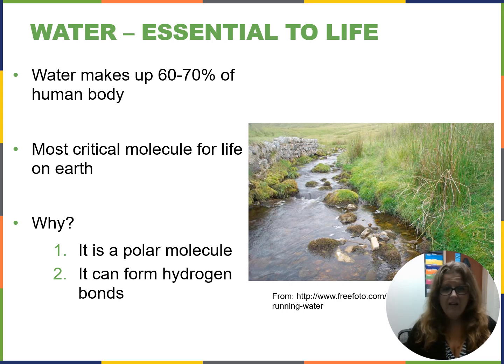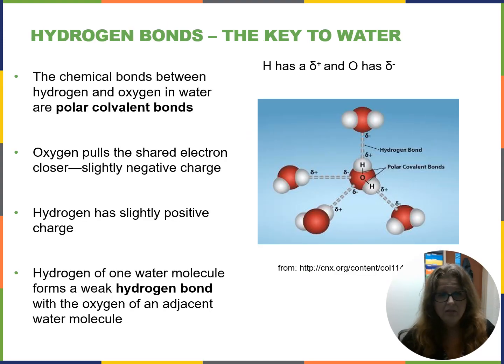And then because of that, it can form hydrogen bonds. And let's talk about hydrogen bonds a little bit more here. So remember, the covalent bonds in the water molecule made the polarity. I already talked about this a little bit. You have this negative charge on the oxygen side being attracted to the positive charge of the hydrogen side on a different molecule.